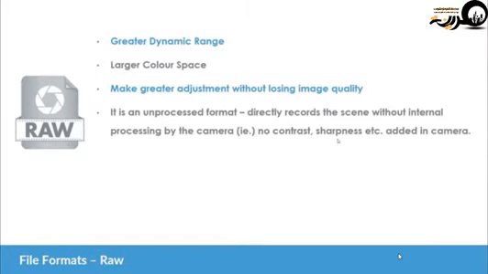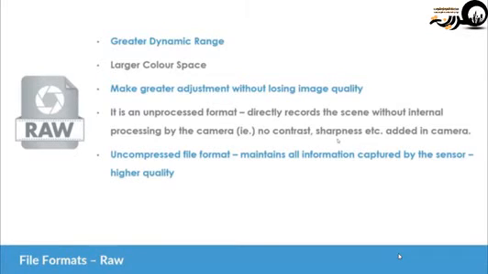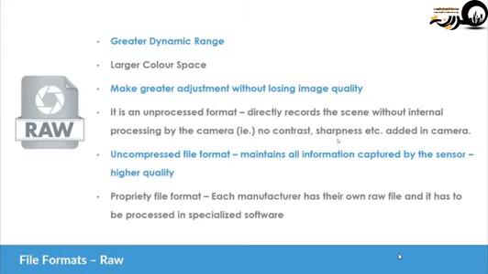This means it doesn't make the file any smaller in the camera, and it also does not add any embedded settings like sharpness or contrast to the file. So basically, it's like a digital negative, Therese. Exactly, it's like a digital negative. It's uncompressed as well. This means all the information is captured by the sensor. It's higher quality, but it does also mean it takes up more space in your cameras as well.